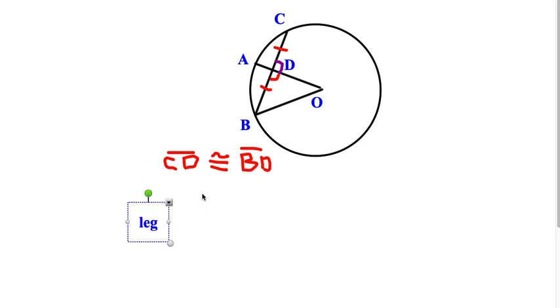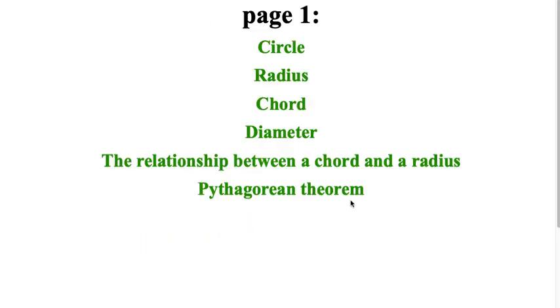Legs squared plus leg squared equals hypotenuse squared. When we get to some examples, you'll see what I'm talking about in terms of how to actually use that. But this concludes page 1.